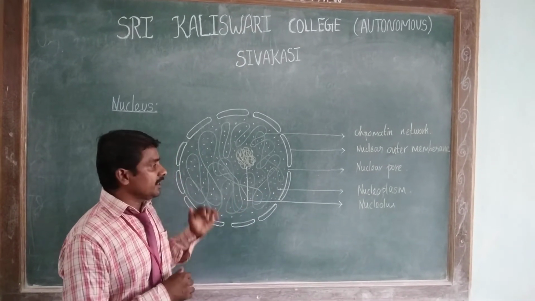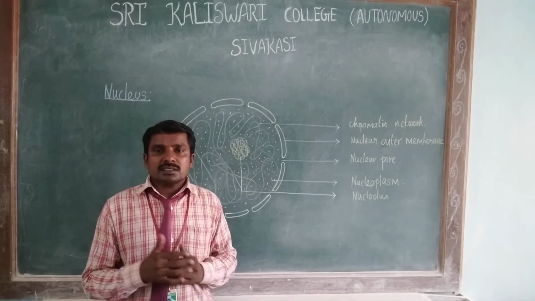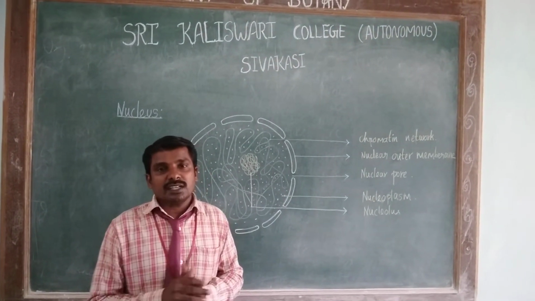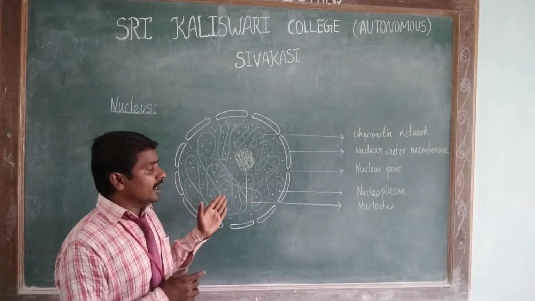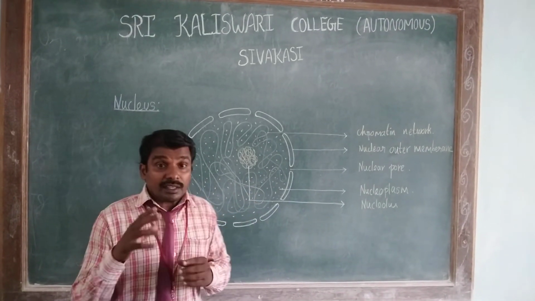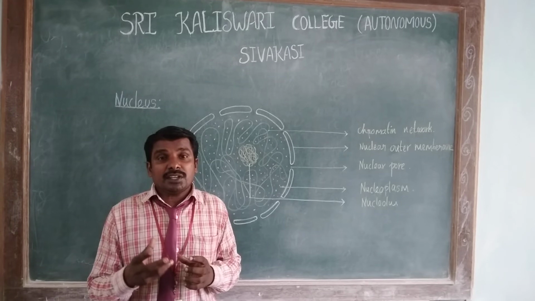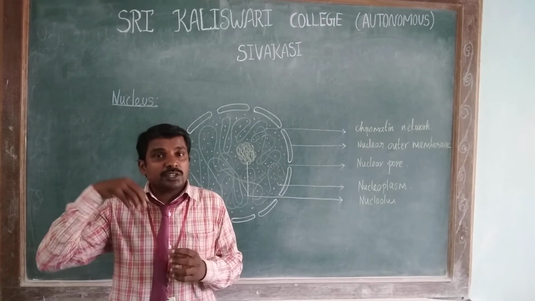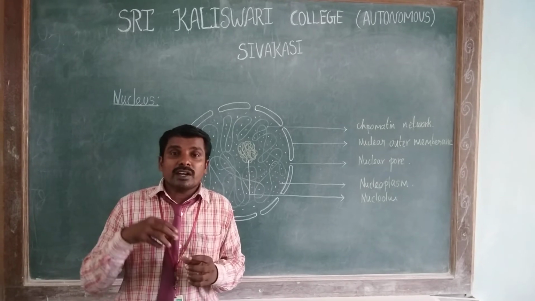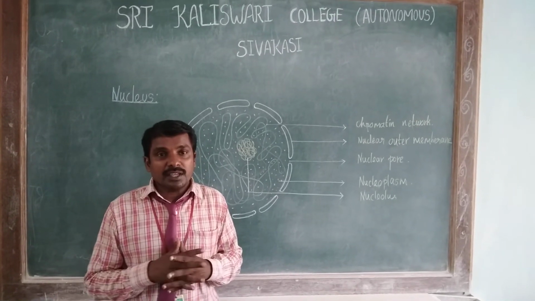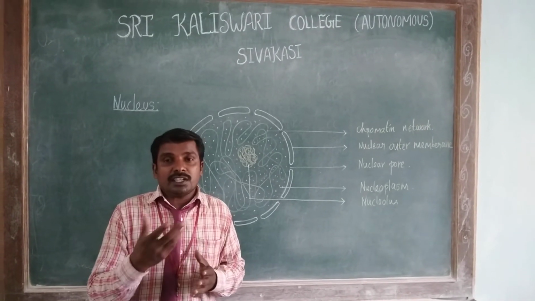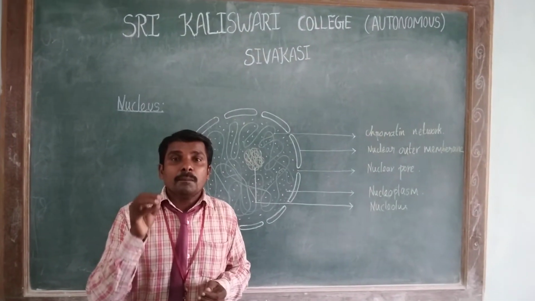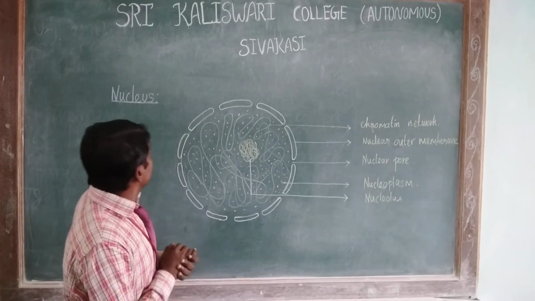This is very important. The nucleus is involved in the main function of cell division and the transfer of hereditary material from one cell to another cell, or from one progeny to another progeny, or one offspring to another offspring. This takes place in meiosis as well as mitotic divisions.